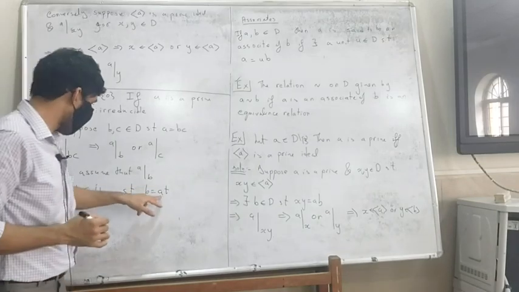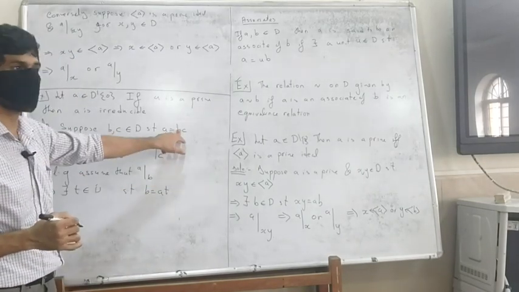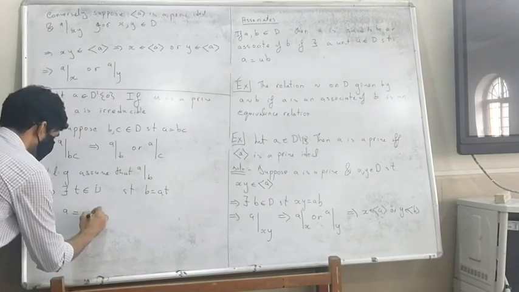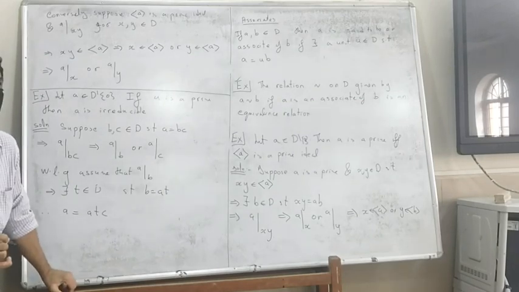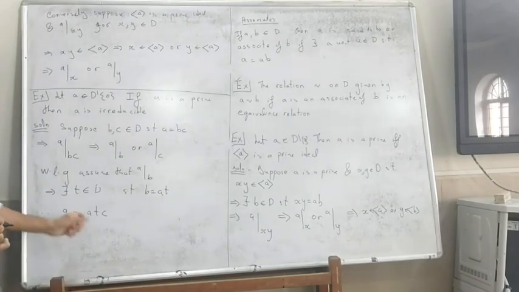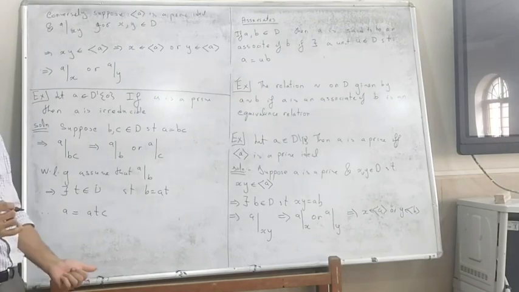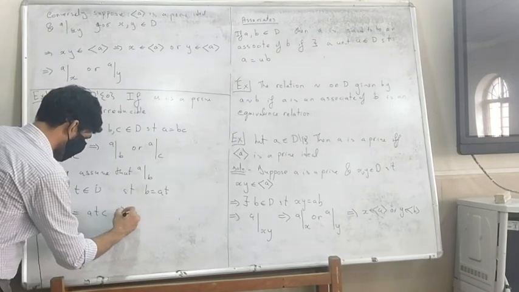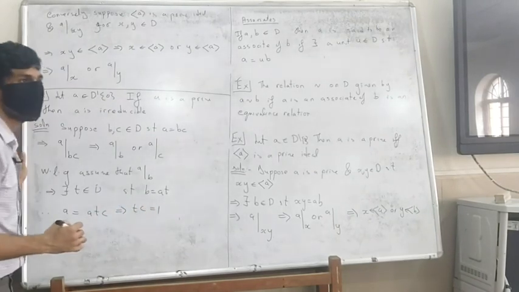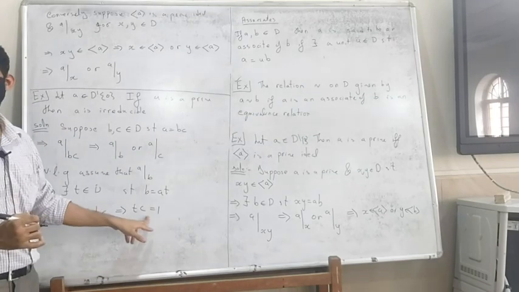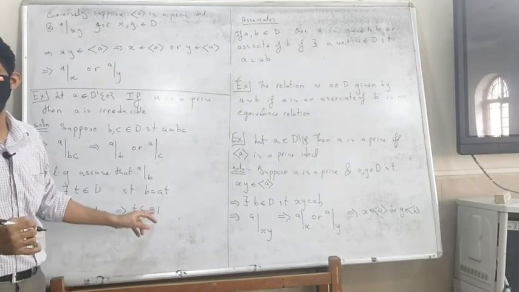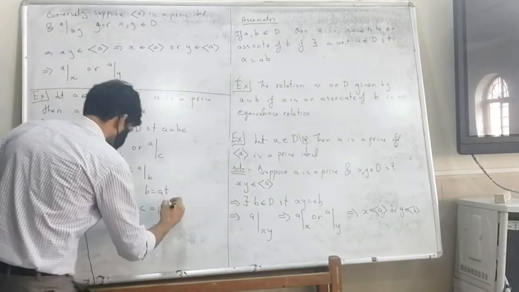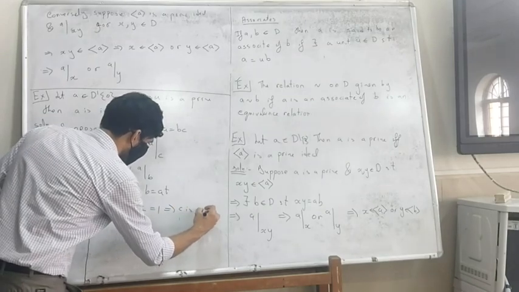Substitute that there, and what do you see? You can cancel out A on both sides because A is a non-zero element. What do you get? So C is a unit. T is the inverse of C, right? So this means that C is a unit.